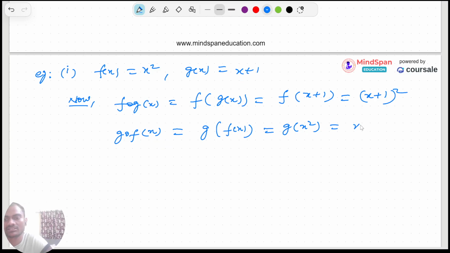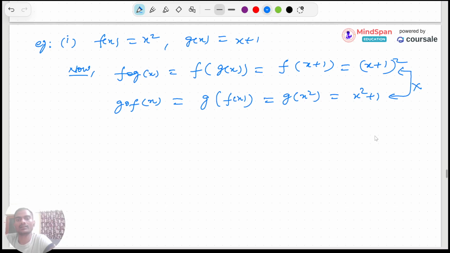So this will become x square plus 1. You can see clearly that these two are not equal, right? One is x plus 1 whole square, another is just x square plus 1. So they are generally not equal. Okay, and this is how we calculate this.